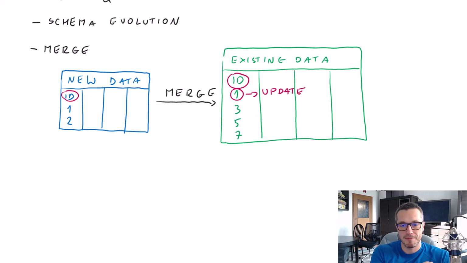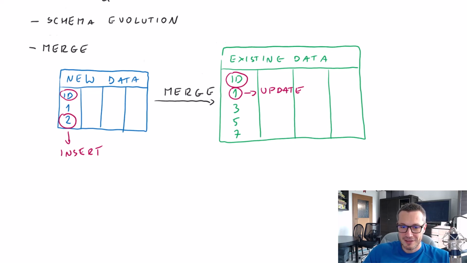So take the newest version that we just retrieved in a new data and use it to update existing data. But when there is no match, so we don't have this row with ID equal to 2, well, that's a new row that we would like to insert to our table. And the merge command allows us to do it in a very simple and elegant way. And yes, that's possible when we use Delta.